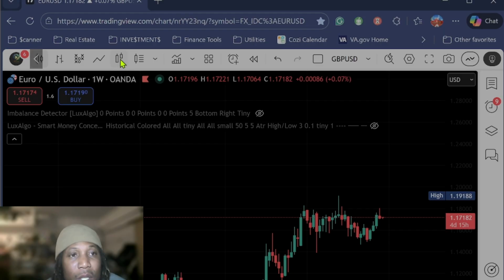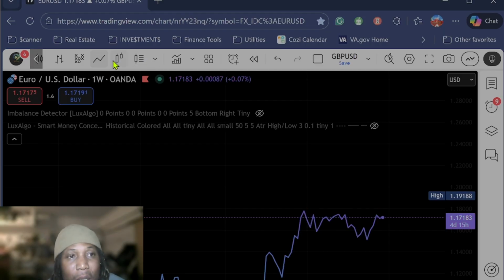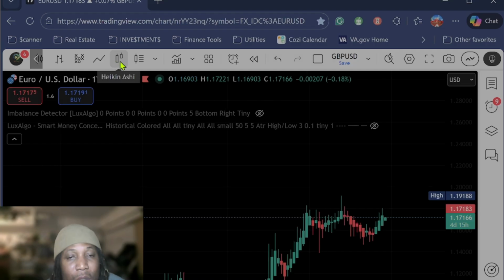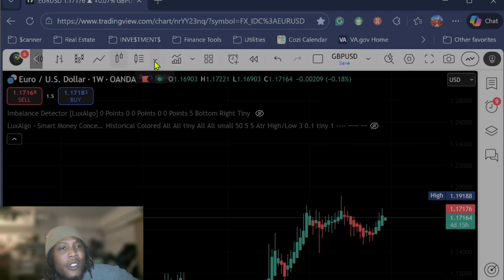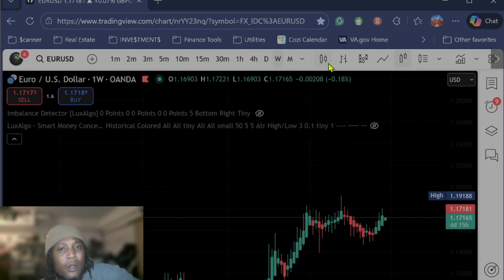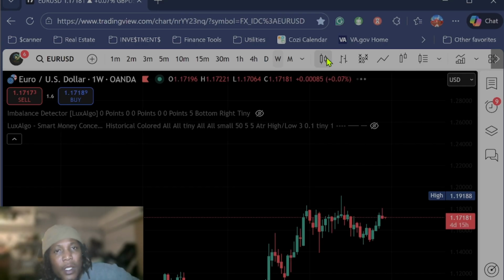Okay, so these right here are to change the candles. You could change it to line, you could change it to the Heikin-Ashi candle, or you could do the regular Japanese candles.